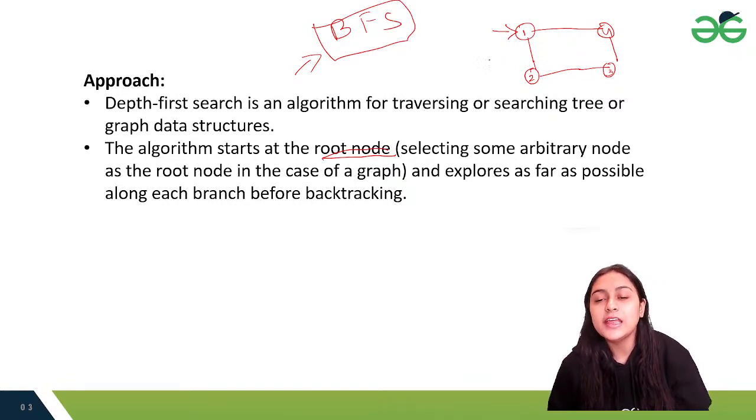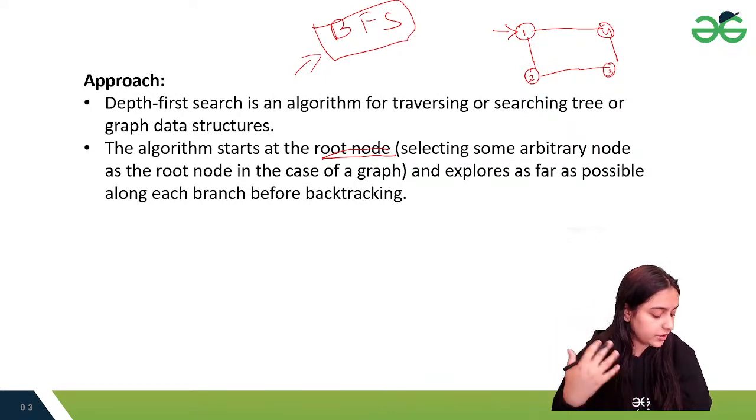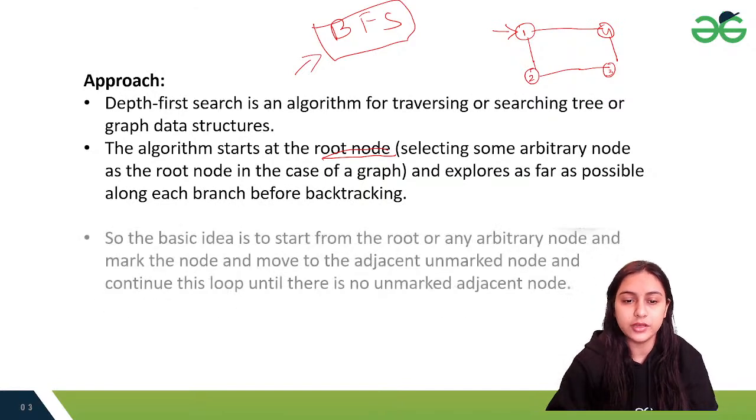But in case of DFS, we will only traverse one node. If another node is left, we will backtrack and come back and then traverse it. I will explain the whole algorithm in a bit, so it will be really simple for you to understand, so don't worry.